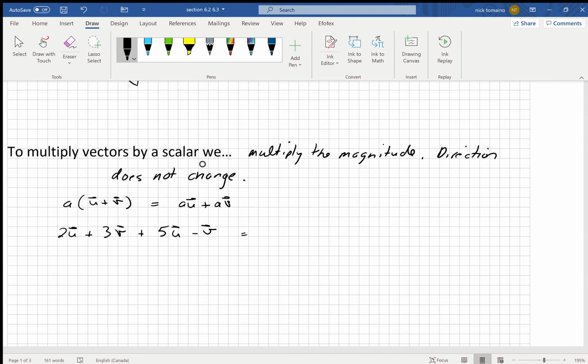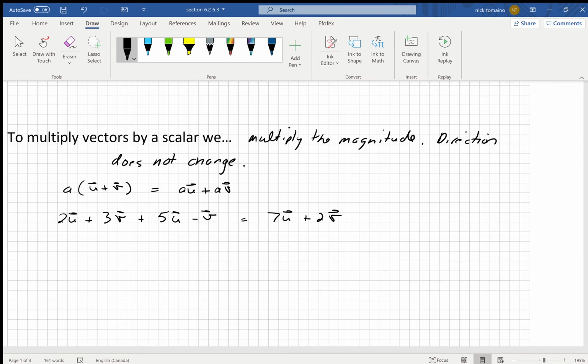You just add like vectors. That would be 7U plus 2V. You'll be asked to verify a couple of these properties in the assigned work.